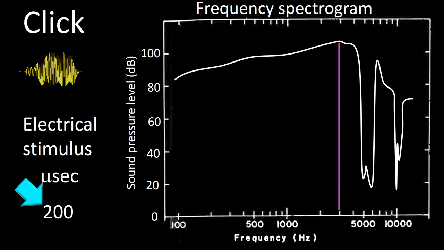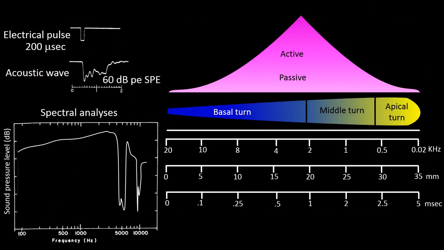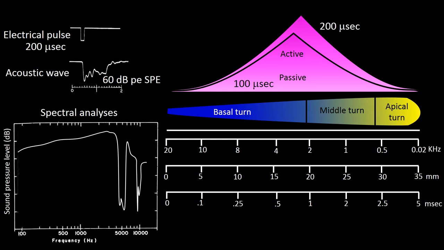The frequency spectrum of a 200 microsecond click is slightly different, as you can see in this frame. And so is the profile of the basilar lamina involved by a 200 microsecond pulse. Here I have superimposed the profile of a 100 microsecond click on a 200 microsecond click.